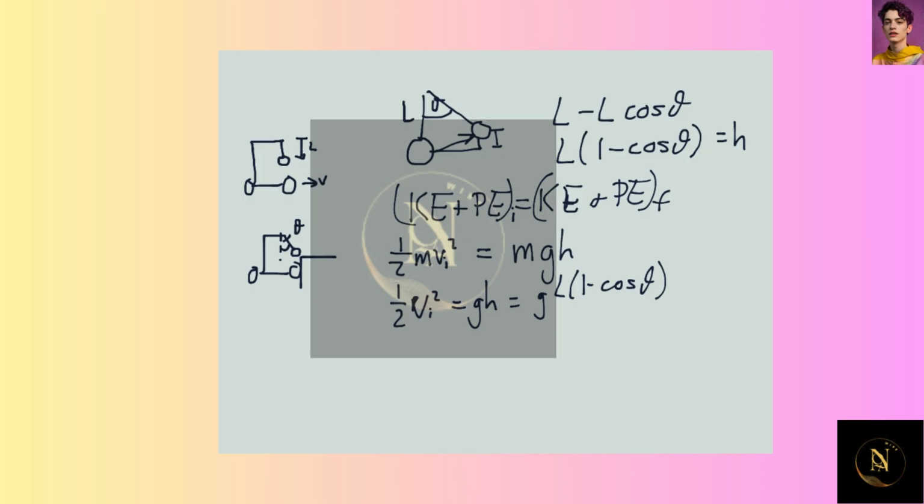Finally, rearranging by multiplying by 2 and then square rooting gives v equal to the square root of 2g L(1 minus cosine of theta). So that's the velocity of the car before it hits the wall.